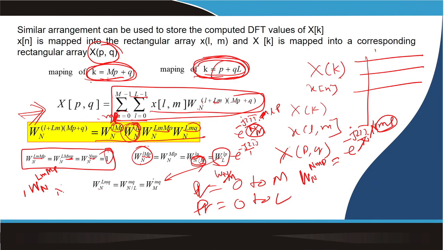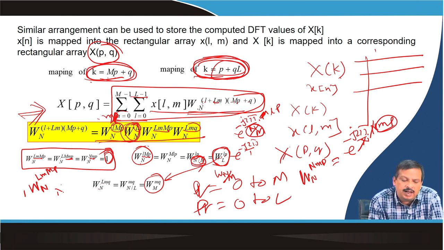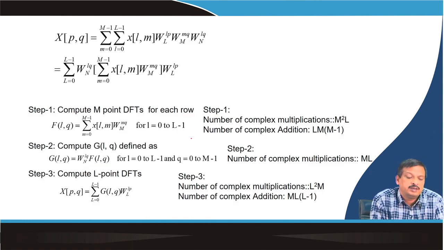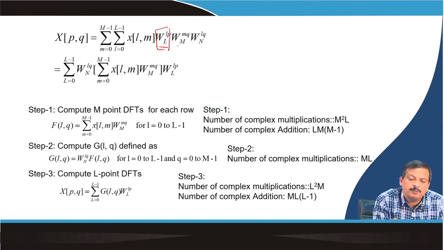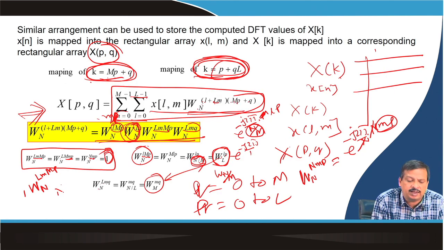Okay. So, in the last class we were discussing this slide. We said this W_N product can be simplified to 1, W_L^{LP} and W_M^{MQ}. So instead of this, I can write W_L^{LP}, W_M^{MQ} and W_N^{LQ}, where N into LQ will be as it is.